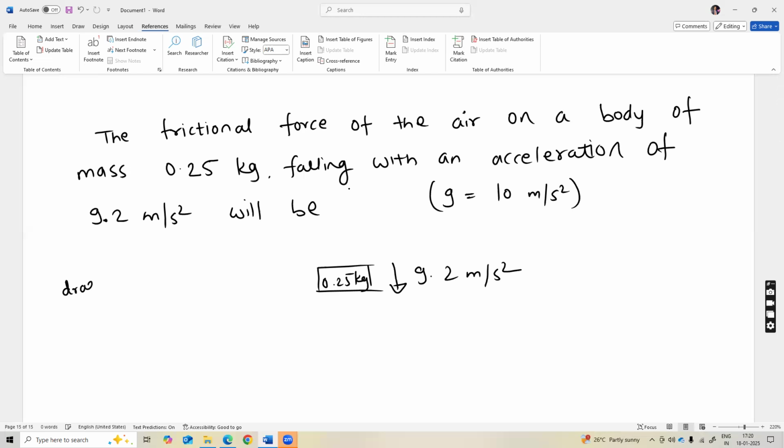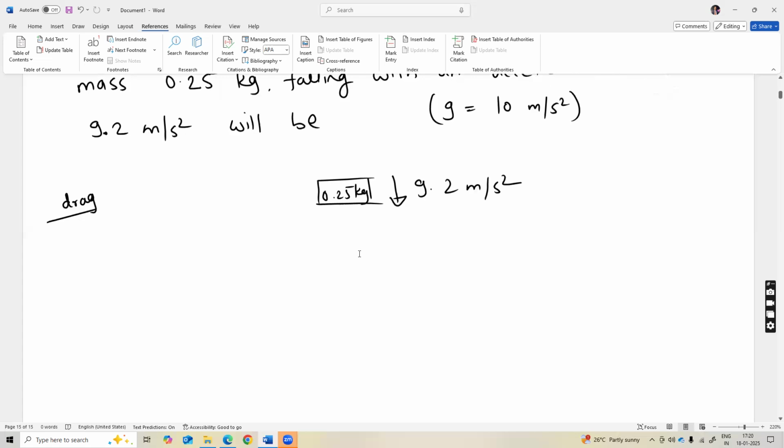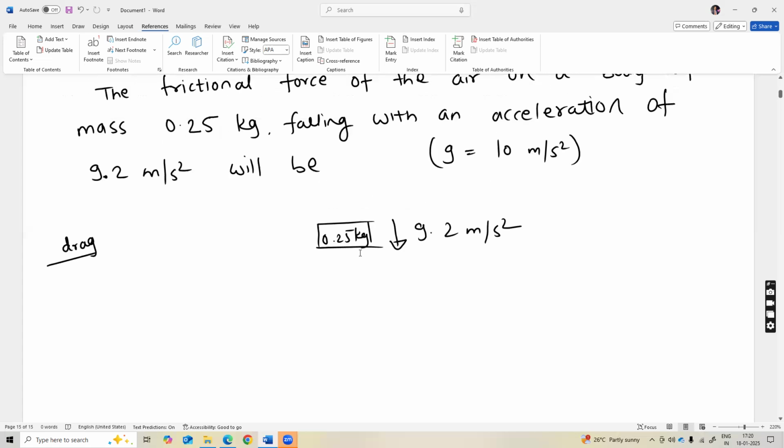Ideally, if this body falls under gravity, its acceleration should be equal to g, that is 10 meter per second square. But here the acceleration of this body is 9.2 meter per second square because it is experiencing frictional force.